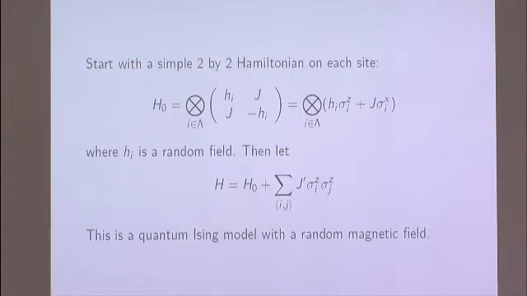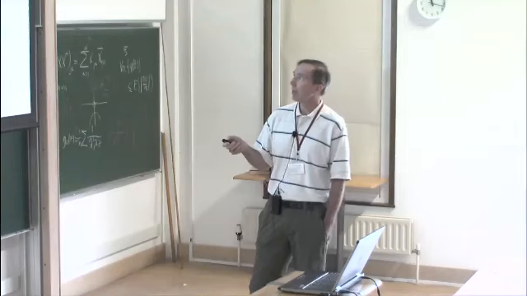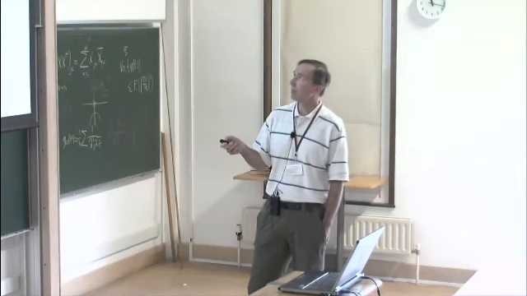And then we have an off-diagonal term here, but then we've got a J prime, which is coupling different sites, nearest neighbors, let's say. And since this term is not diagonal in the sigma z basis, this is going to be an off-diagonal perturbation of the Hamiltonian.